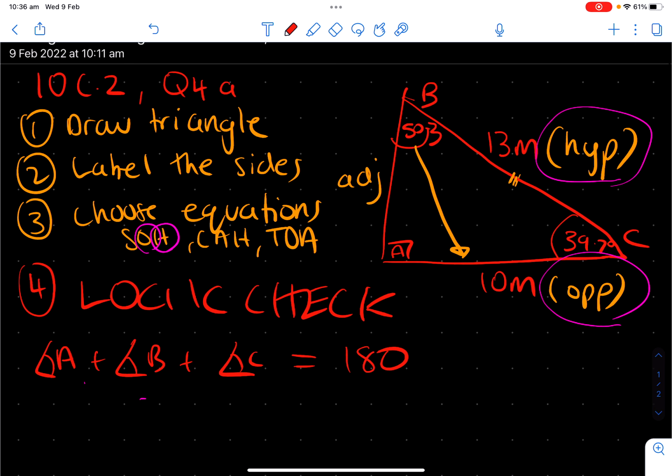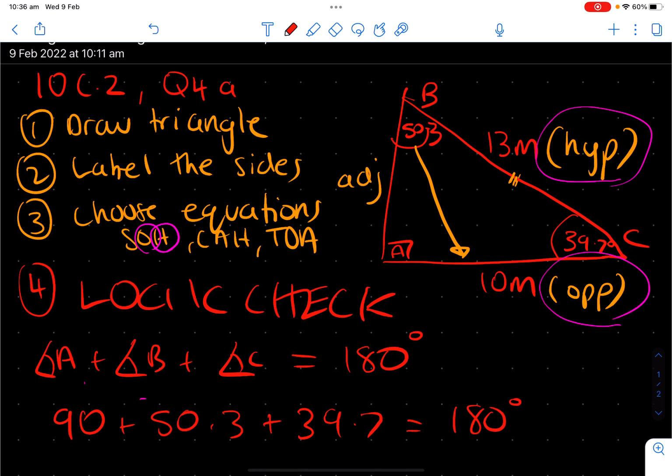So let's check this: 90 plus 50.3 plus 39.7. And what do we get? 180 degrees. So we are correct. I always encourage you to do a logic check on all of your answers to avoid silly mistakes. If it didn't equal 180 degrees, that's a cue to go back and check your working and try to identify where you've made a mistake.